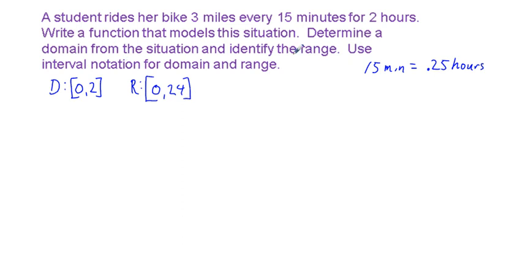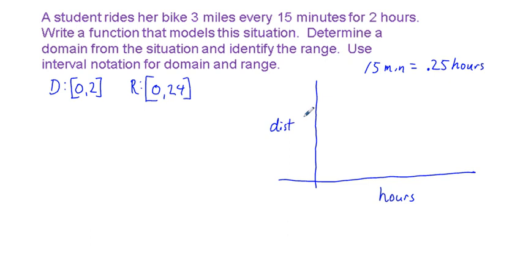Okay, so we've done that. We've written interval notation. Write a function that models the situation. So we could do this in terms of x and y, just to show you what this might look like. If we have hours here, and we have a distance here in miles.